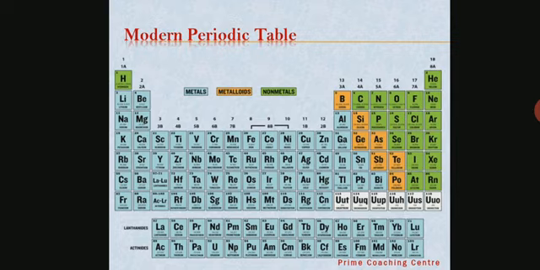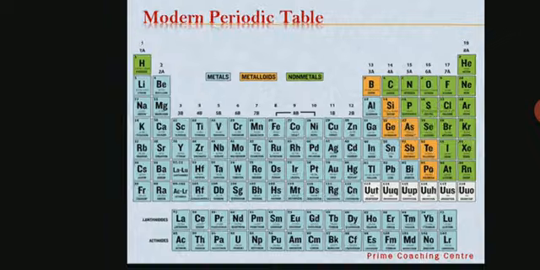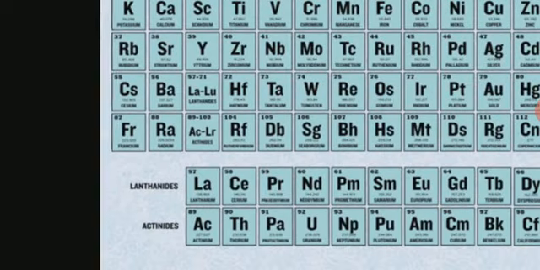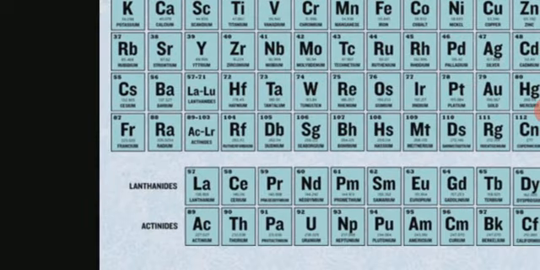Again, in the modern periodic table there are 2 rows found below the main table, and these 2 rows we call the lanthanides and actinides. Actually these lanthanides and actinides belong to the 6th and 7th periods.